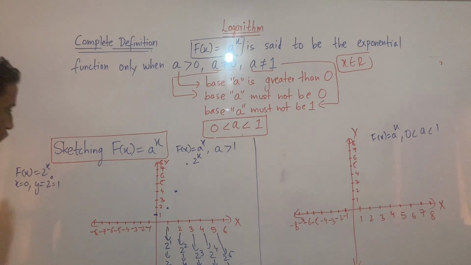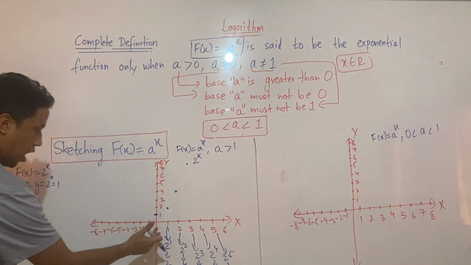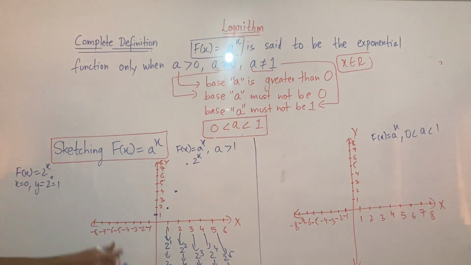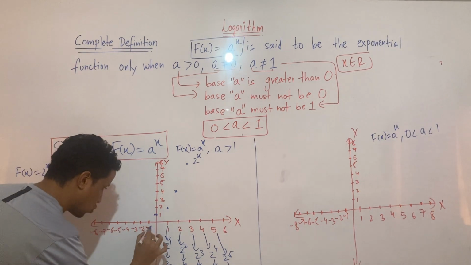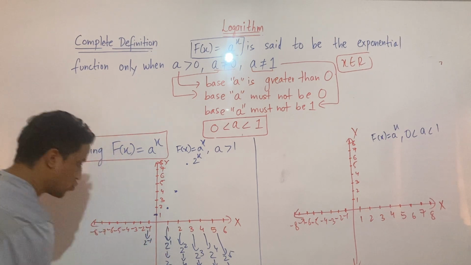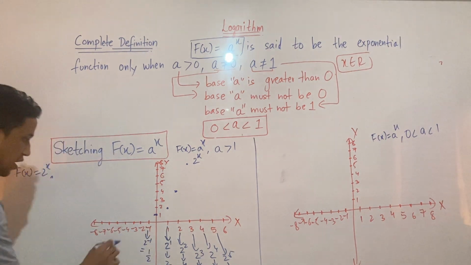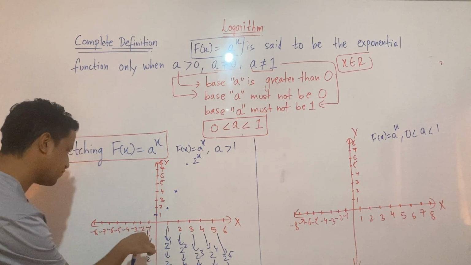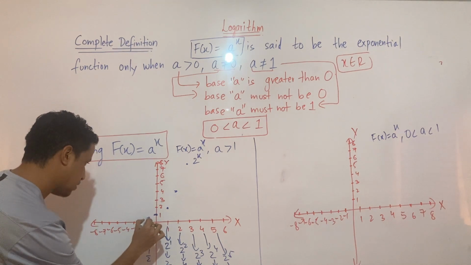Okay, so on this side now, let's see the negative values of x. If you take -1 here, then y is going to be 2 raised to the exponent -1, which is 1 by 2. 1 by 2 means 0.5, so 0.5 is going to be here, right?